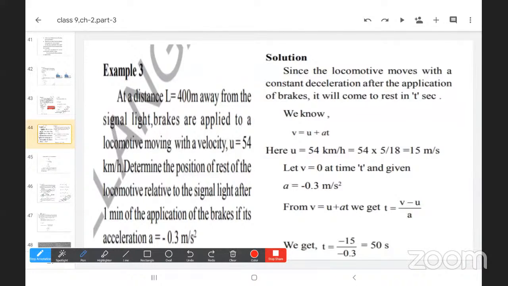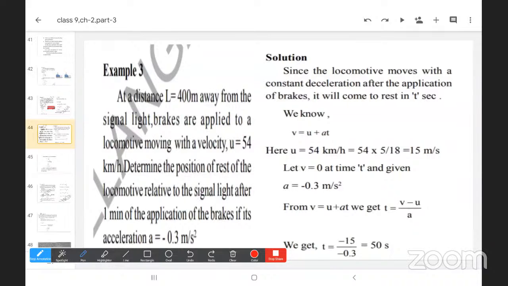Now we need to determine the position of rest of the locomotive relative to the signal light after 1 minute of the application of brakes. Here its acceleration is given, a equals minus 0.3 meter per second square, because brakes are applied to a locomotive. When we apply the brakes to a moving object, the speed of the moving object decreases, right? So that's why we have taken a equals minus 0.3 meter per second square.